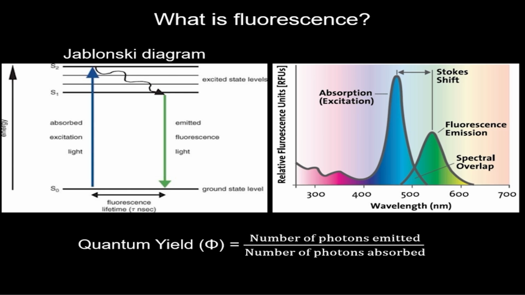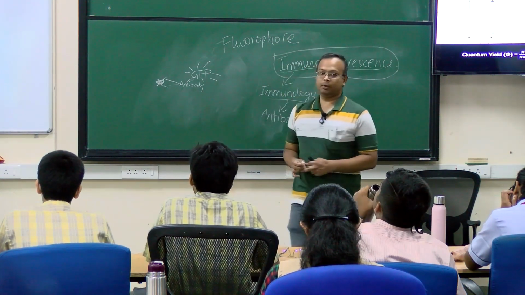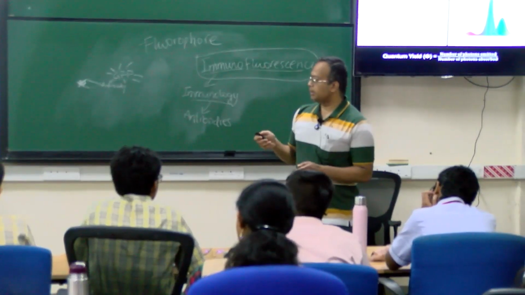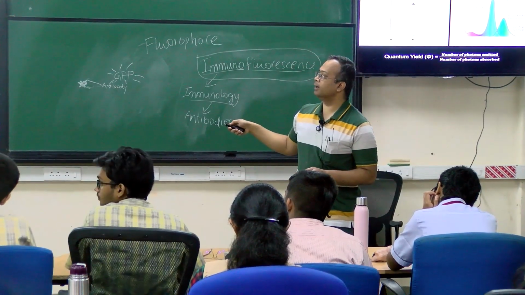Just to give you a brief introduction about the mechanism of fluorescence, how it works. Essentially, this molecule is called a fluorophore. A fluorophore is a molecule that is able to absorb light of a certain wavelength, and its electrons, which are in the ground state, get excited to a higher energy state.